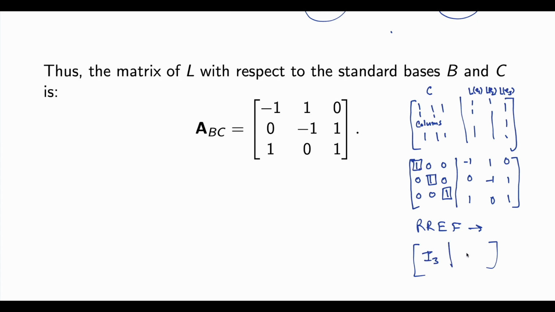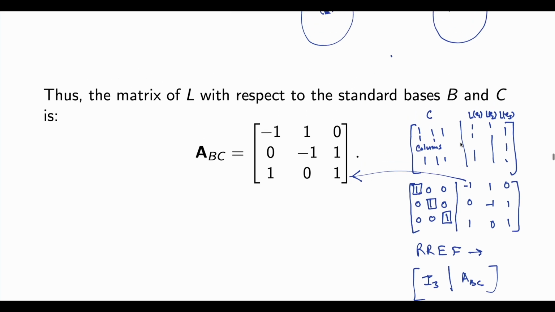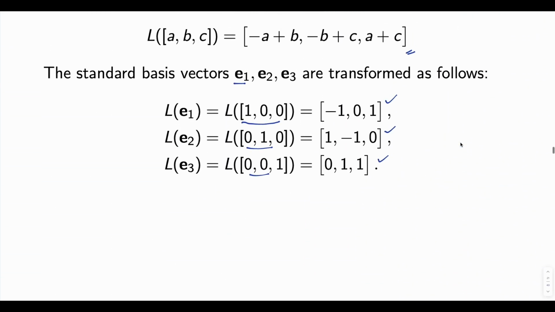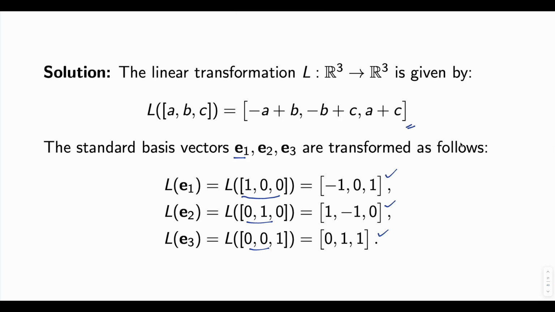I3, and whatever the matrix comes here will be nothing but BC. So just rewrite this matrix, pull it back and write. So the job becomes easier when standard bases are given. So this is what we first obtained, the ABC.